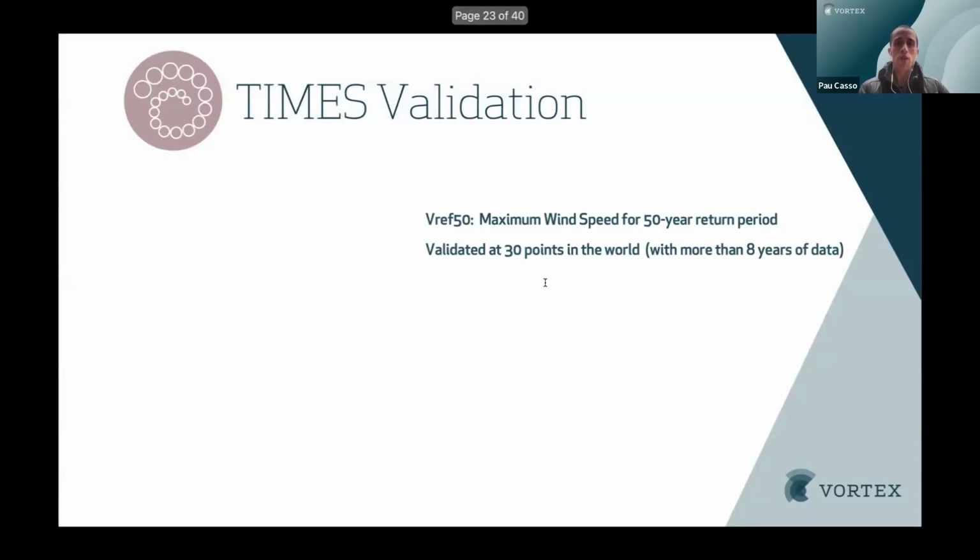So what we did is from the 300 sites, we were able to select about 30 that had more than 8 years of measurements. There was a limitation because, of course, for the extreme wind speeds, we need at least, let's say, 5 or 10 years in order to derive the Vref at a 50-year return period from the measurements, not from the model, but just from the measurements, right?